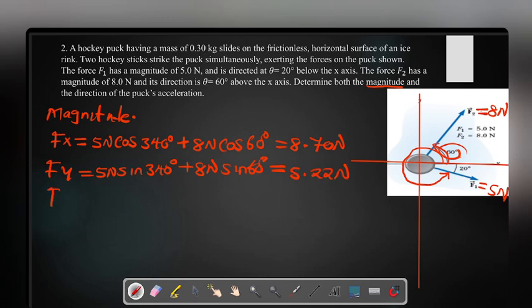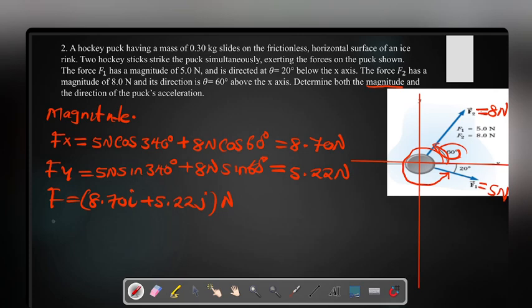So now we can see that the resultant force, which is the net force, will be 8.70 i plus 5.22 j, in newtons. I'll use j. So now we have the resultant force.